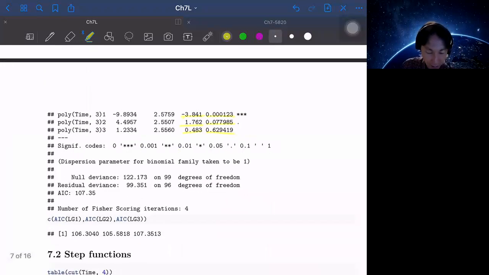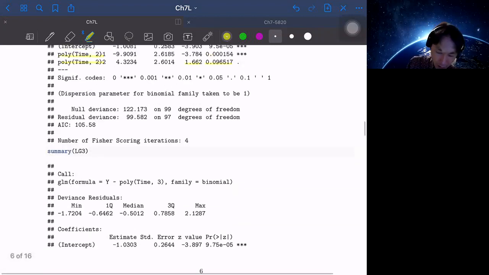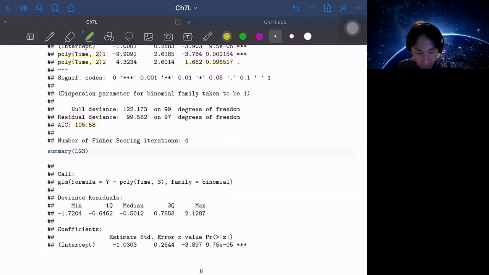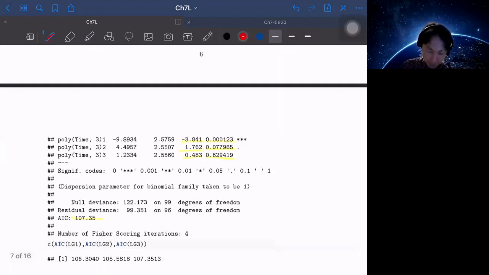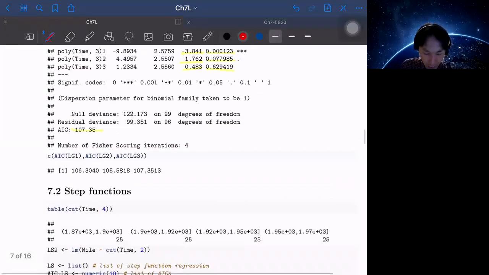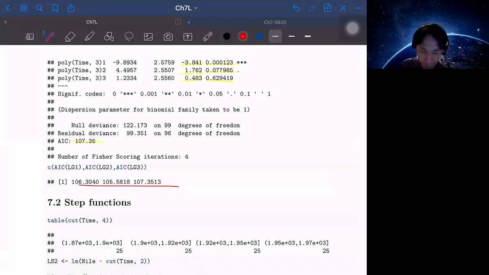So either we go with degree 1 or degree 2. AIC is 107.35, 105.58. So in terms of forecasting, degree 2 is the best. So p is equal to 2 is the best, so a 2 degree polynomial. Yeah, so AIC we can compare, and probably this is the best.